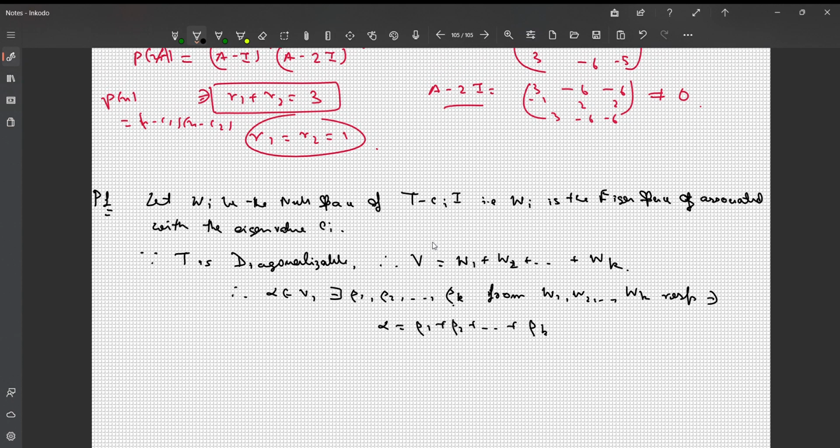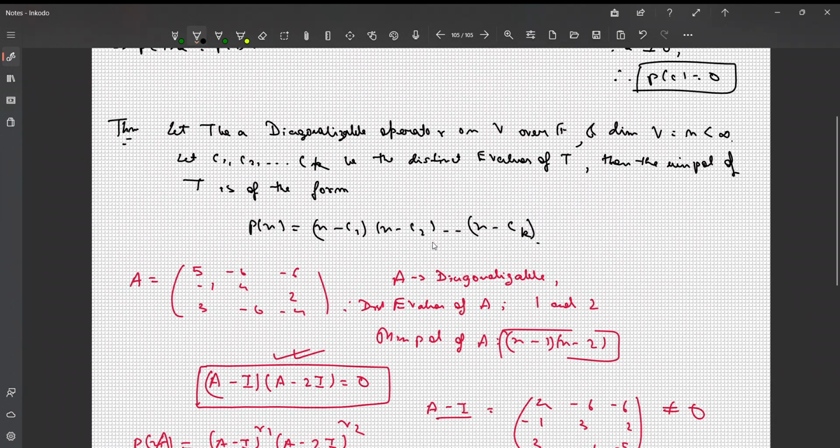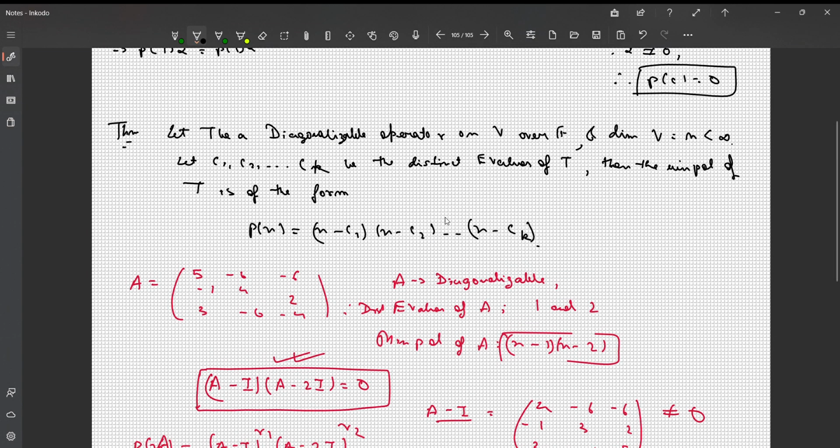Right. Okay. Now, so what was the statement? We need to check whether this is the minimal polynomial or not, right? Now, if P annihilates T, then it must be the minimal polynomial, because the minimal polynomial must have all the distinct eigenvalues of T as roots, and P is the least degree monic polynomial which has all the distinct eigenvalues of T. So the minimal polynomial of this linear operator T has a degree either higher than P or exactly equal to P, right?